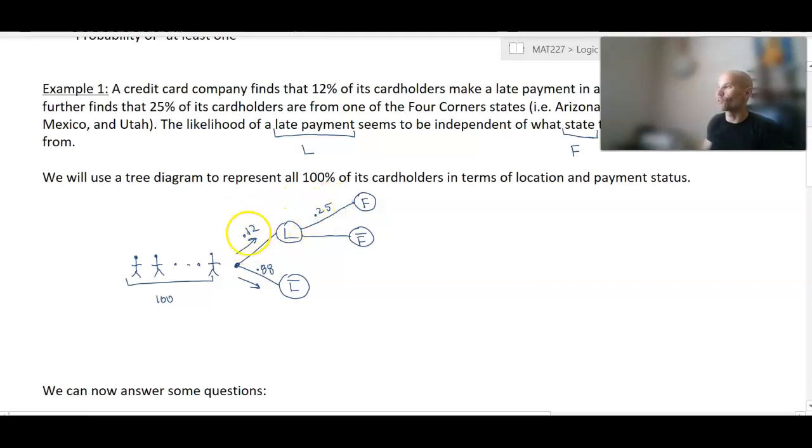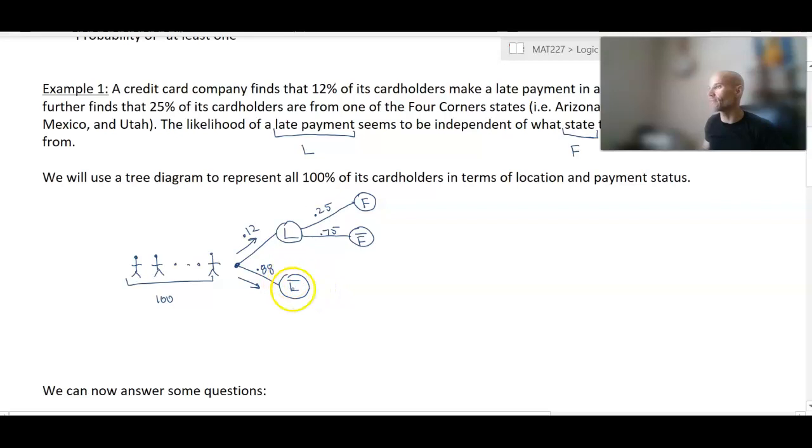So if that was 12 people and 25% of them travel this way, then that would amount to 3 people of the 12 would travel up, and then the remaining 75% of those guys would make their way down to, well, I'm not from a Four Corner state. So that would be 9 people go this way, and 3 people go this way. So notice that we're always accounting for our groups. The groups are starting to split off more and more depending on how many branches we have. In this case, we only have 2 sets of branches.